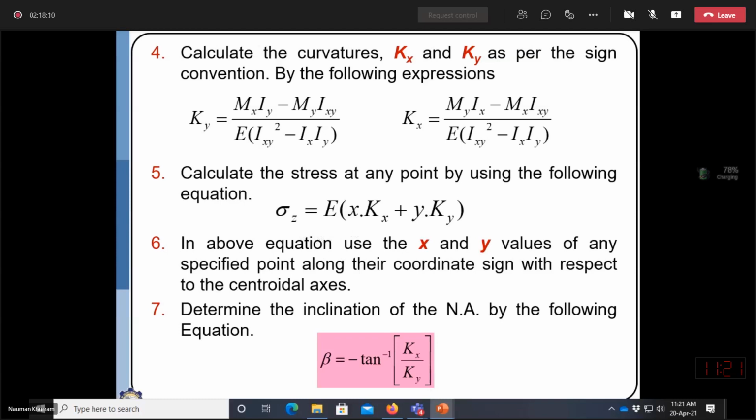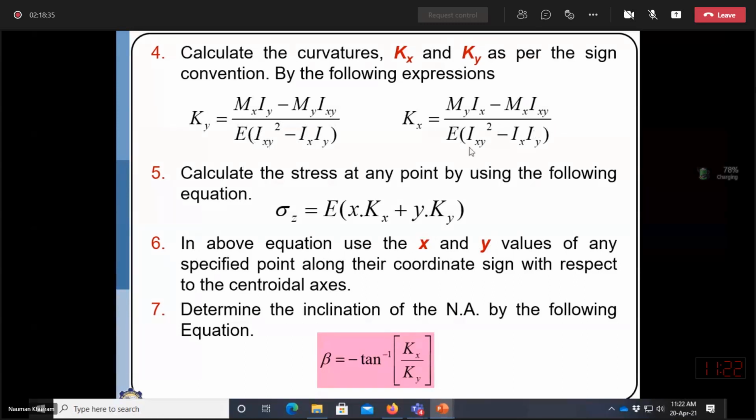Okay, then a question arises here: in case of an unsymmetrical section, bending always takes place about the principal axis. Then why are we substituting the properties about the centroidal axis? Here you will see this parameter, the product moment of inertia, minus Ix into Iy.